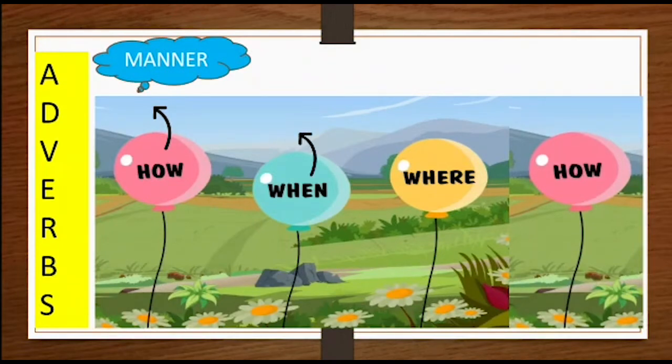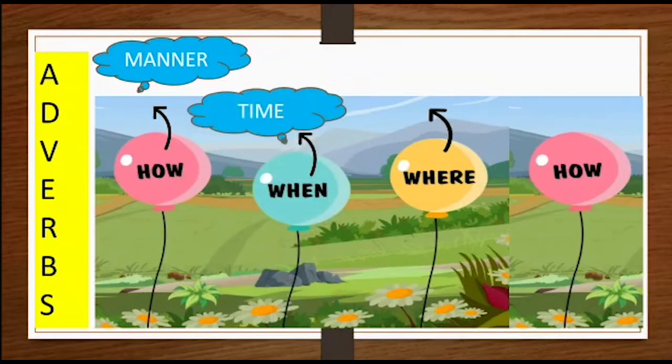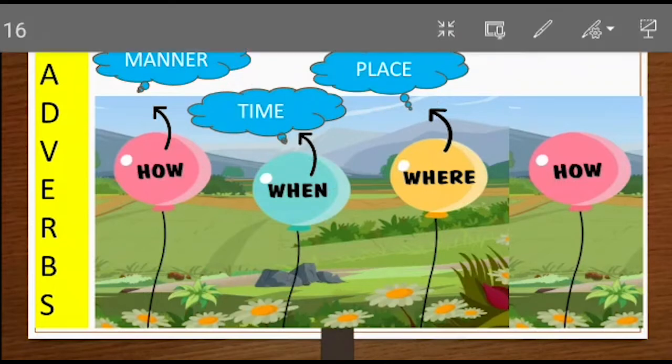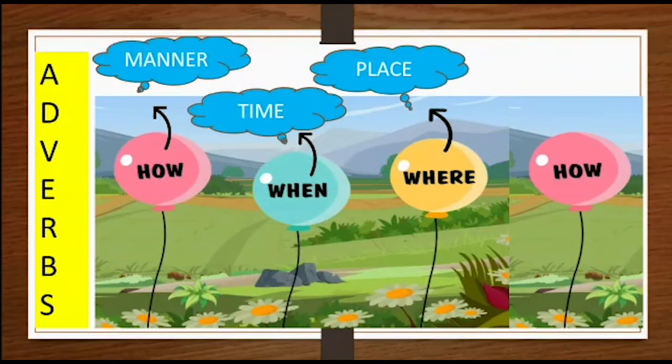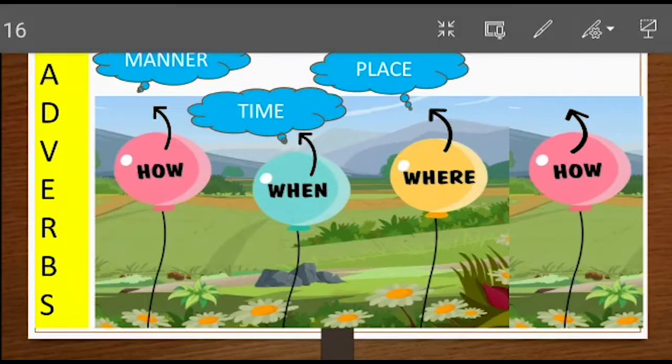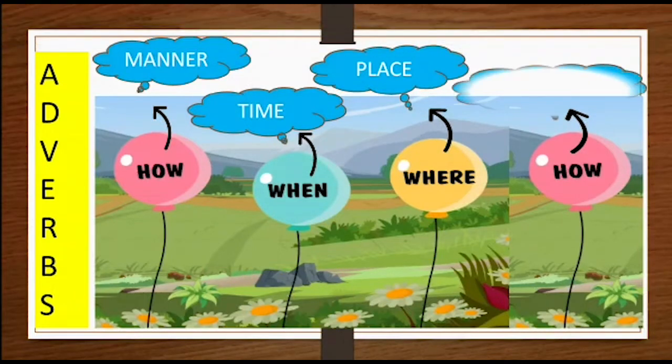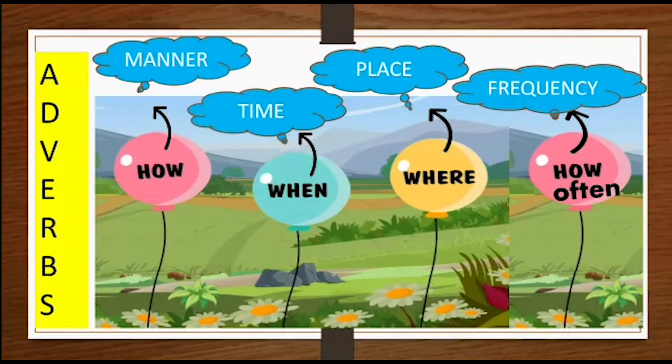The adverb which answers the question when is called the adverb of time. The adverb which answers the question where is called the adverb of place. And the adverb which answers the question how often is called the adverb of frequency.